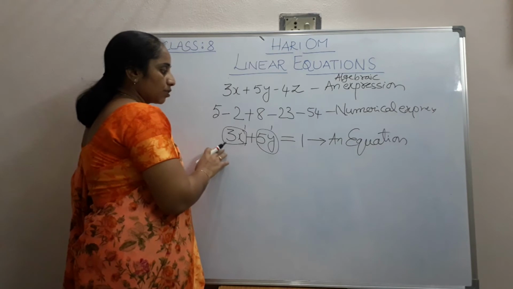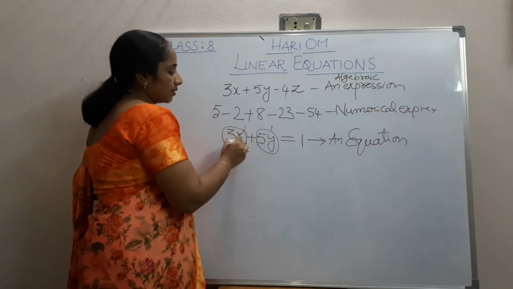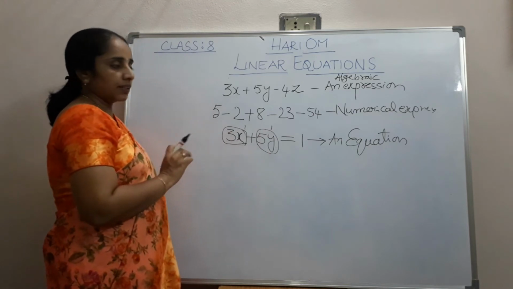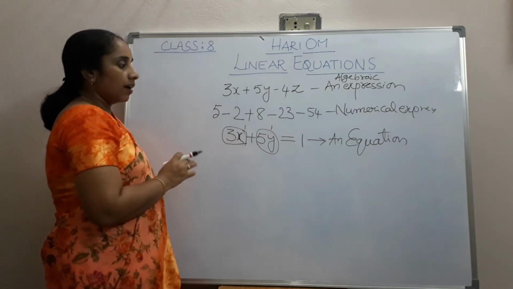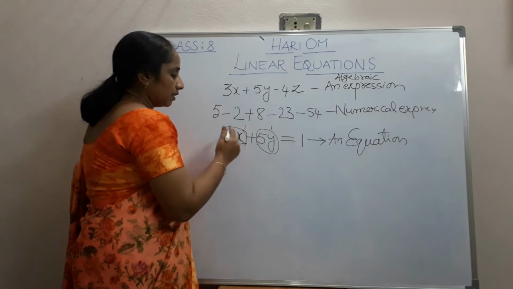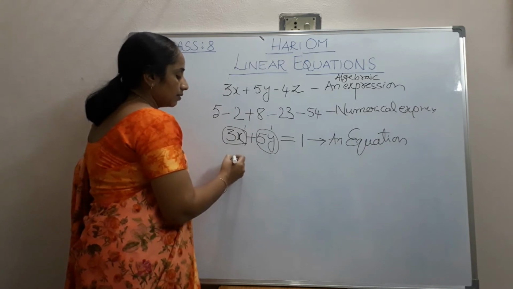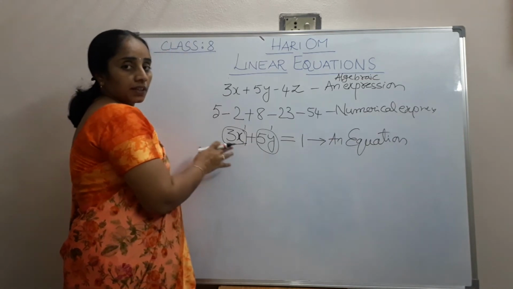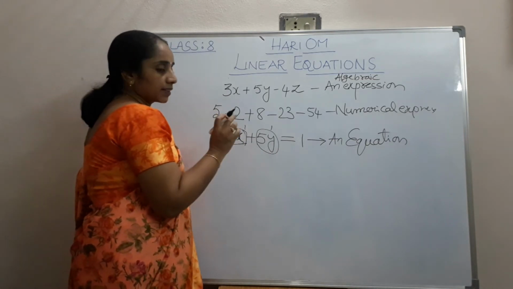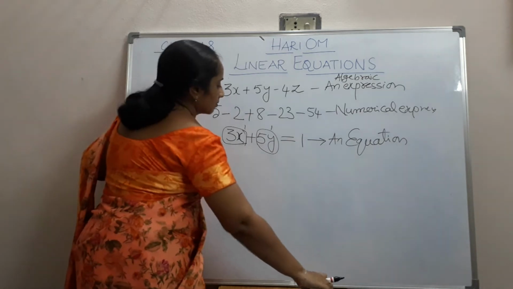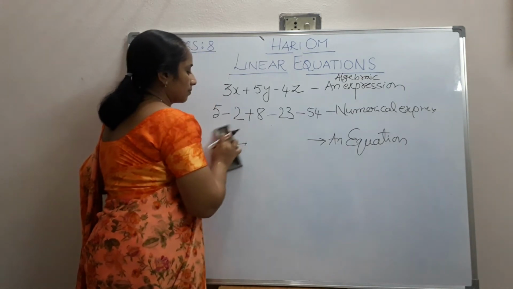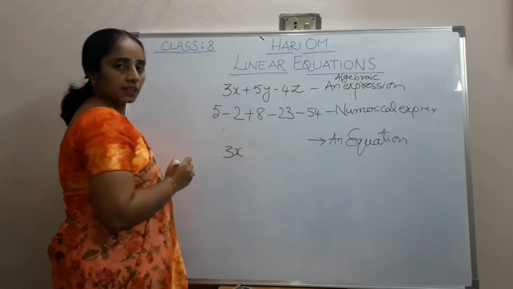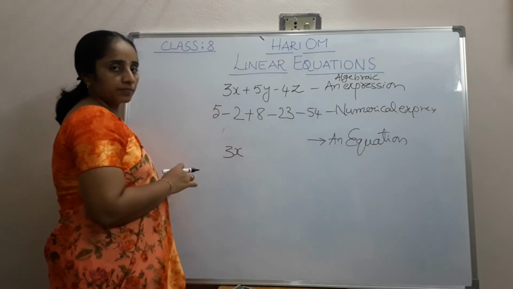If in these terms we have some like terms, we can simplify, or else we can express it as it is, as we discussed. And in an expression, if we have only one term, like 3x, it is a monomial.